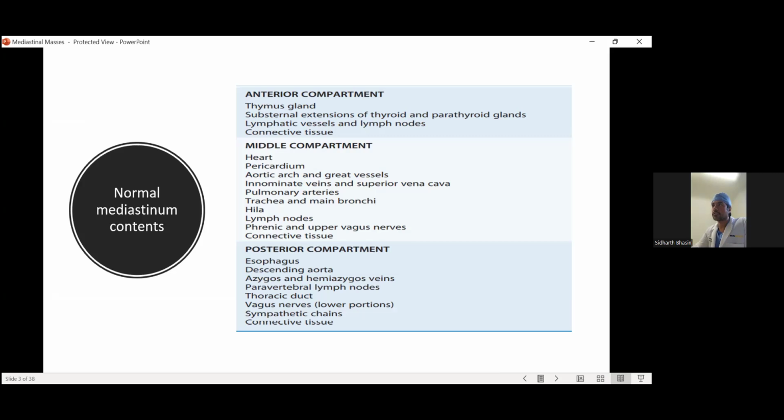The middle has all the important structures like the heart, pericardium, aortic arch, great vessels, pulmonary artery, trachea, some lymph nodes, connective tissue, and the phrenic and upper vagus nerve. The posterior compartment has the esophagus, the descending aorta, the azygos and hemiazygos veins, the thoracic duct, the lower portions of the vagus nerve, and then some sympathetic chain and connective tissue.